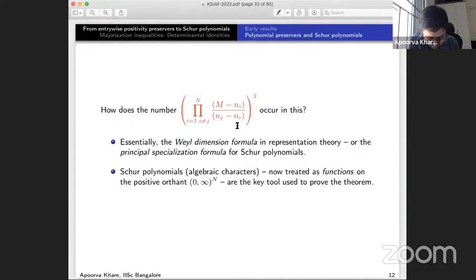Schur polynomials turn out to be formal characters of polynomial representations of the general linear group, or finite dimensional irreducible representations of the special linear Lie algebra over the complex numbers. Because they are characters of some representations, when you specialize the character to the identity element in the torus, 1, 1, 1, 1, 1, they give you the dimension of that representation. And that's called the Weyl dimension formula.